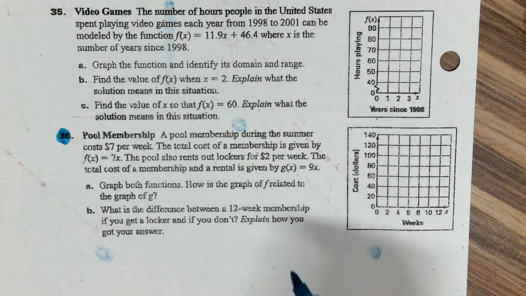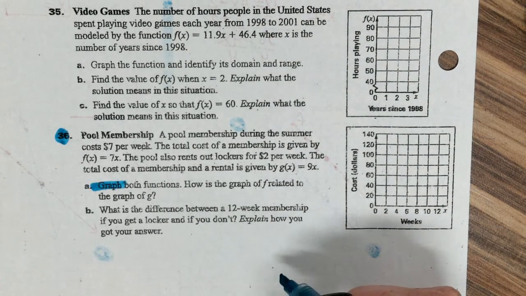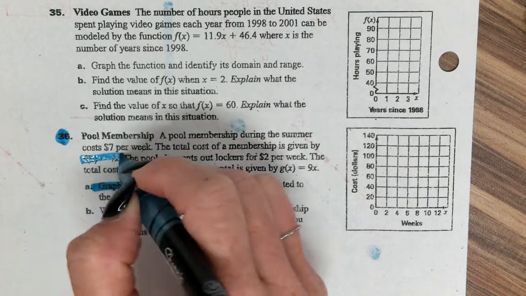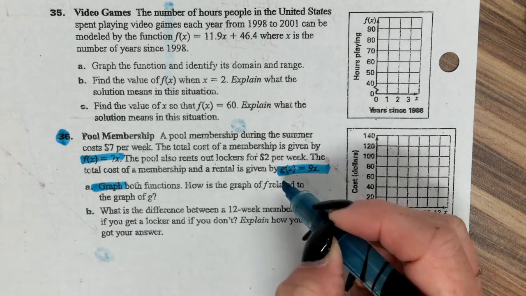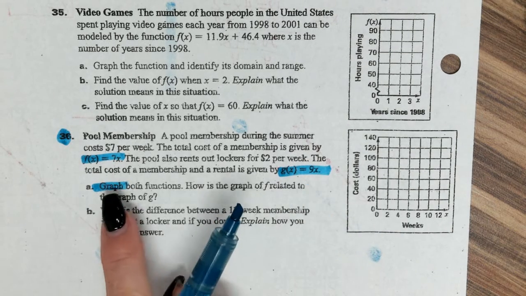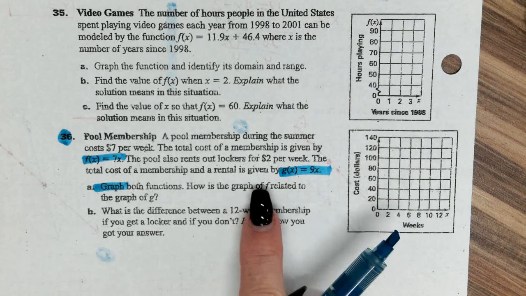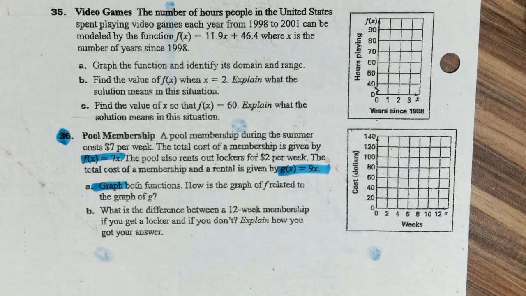So let's look at what it wants you to do. It wants you to graph how many functions? So you're going to graph this one and you're going to label it F. You're going to graph this one and label it. Then in part A, how are the graphs related? That kind of means compare them. Is one steeper?